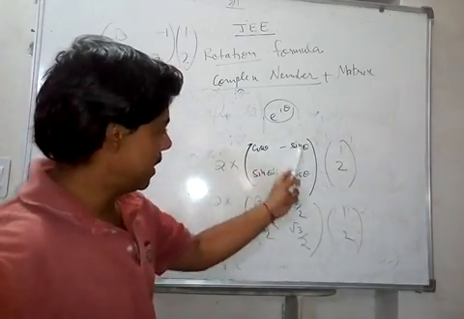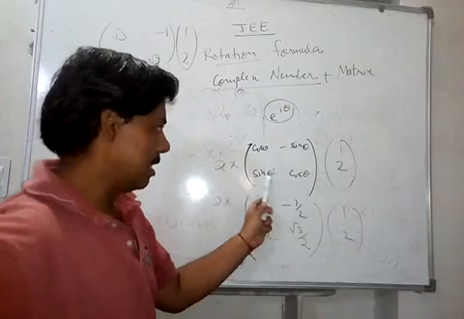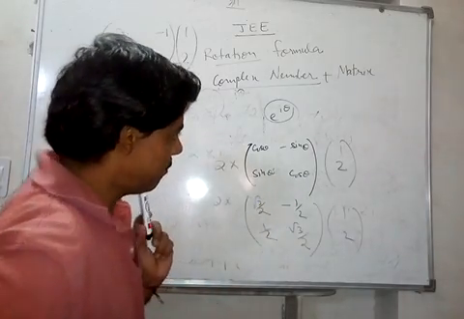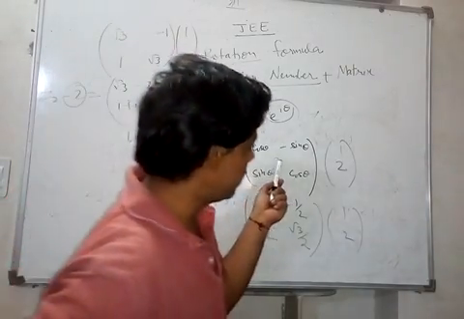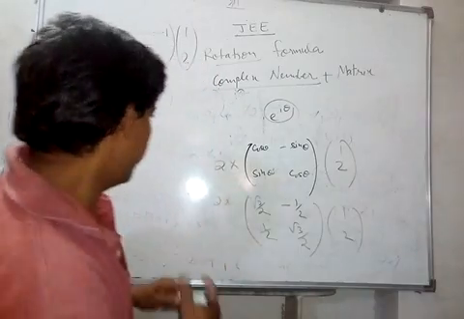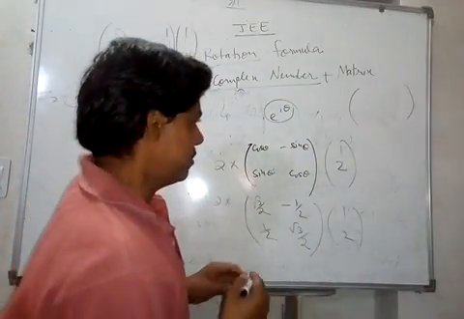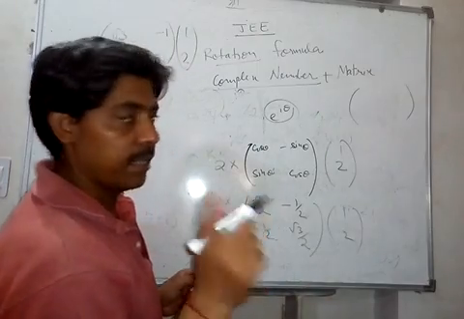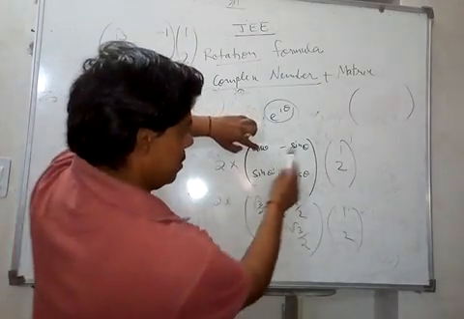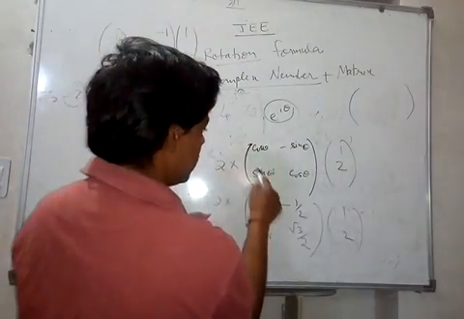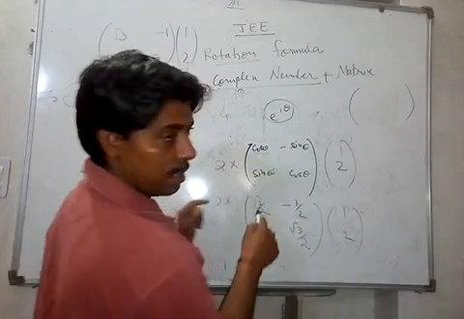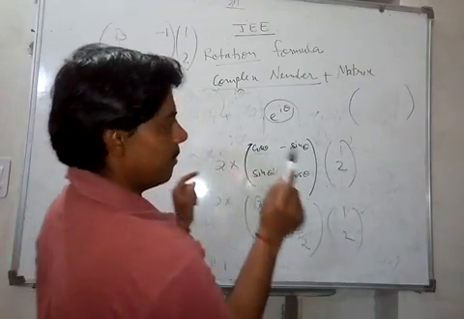And if you try to find the inverse of this matrix, you can easily find it. What is the inverse? First you find the cofactors, change the sign, and then take its transpose. So let's find the cofactors of cos theta.